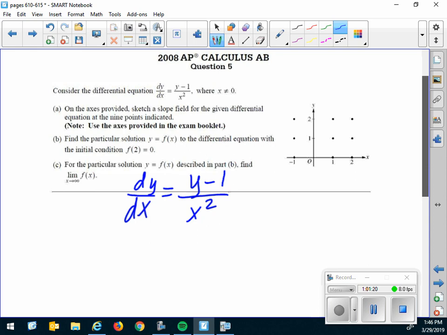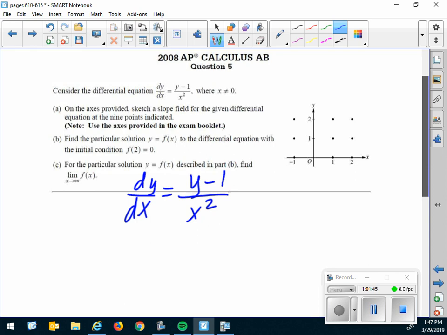Now I'm going to ask you a question on this one. What about when x is 0? Oh, x does not equal 0. Okay. So we're not even going to have those points, are we? Well, it's undefined. Maybe a cusp.